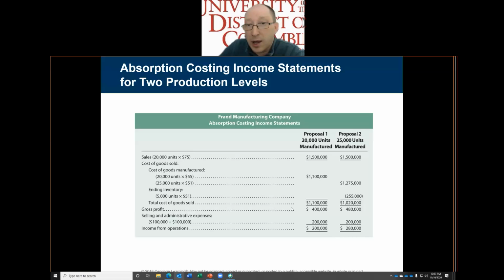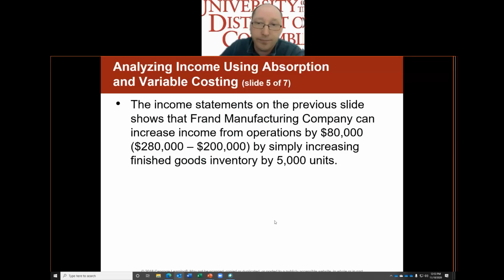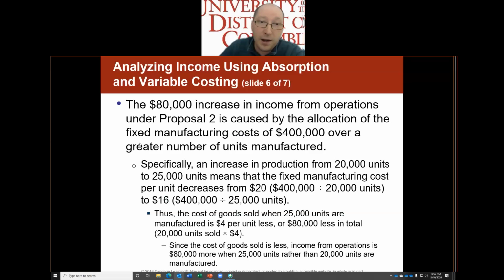So the short answer here is proposal 2 looks like the better of the two proposals because my income from operations will be $80,000 higher. That's basically what that slide says. The $80,000 increase from proposal 2 is caused by the allocation of fixed manufacturing costs of $400,000 over a greater number of units manufactured.